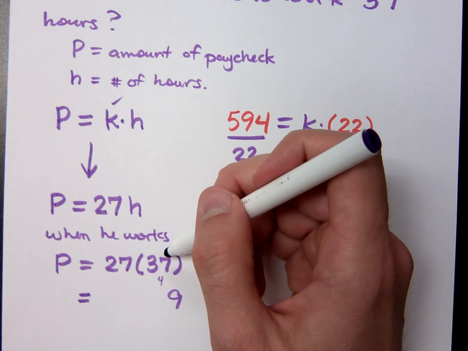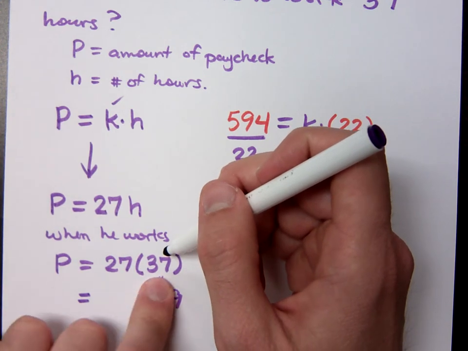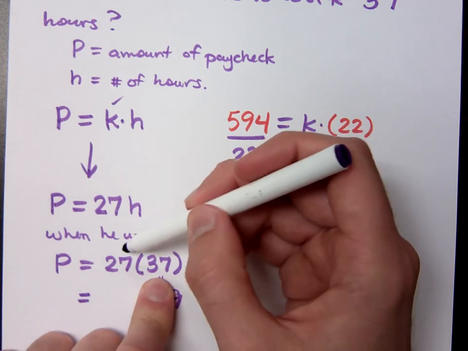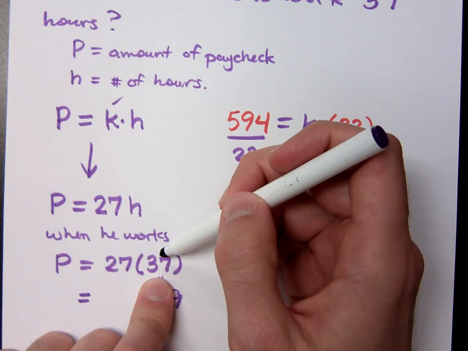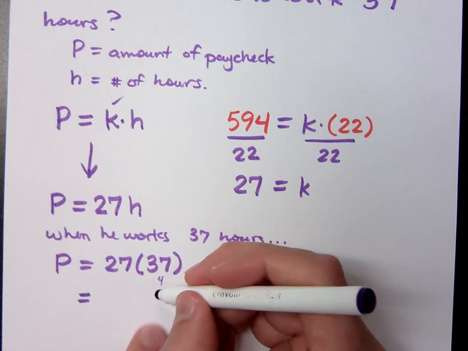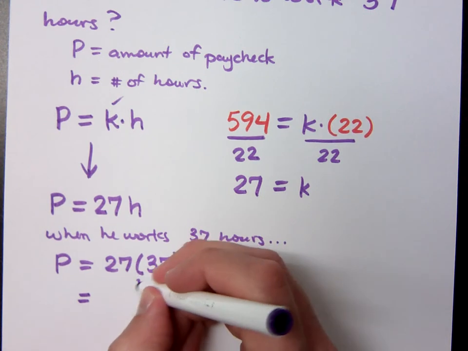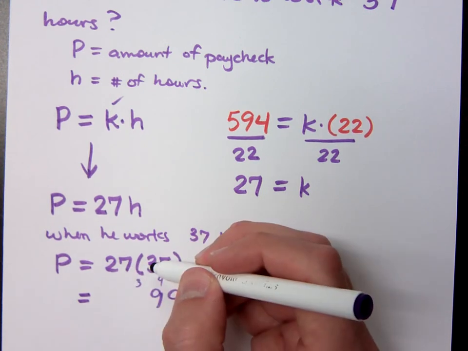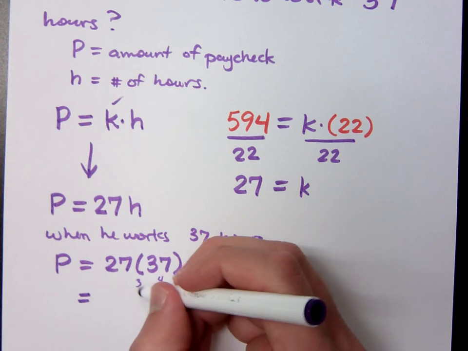Let's pretend the outside isn't there. 21 and 14 is 35, plus 4 is 39, carry the 3. 2 times 3 is 6, plus 3 is 9.